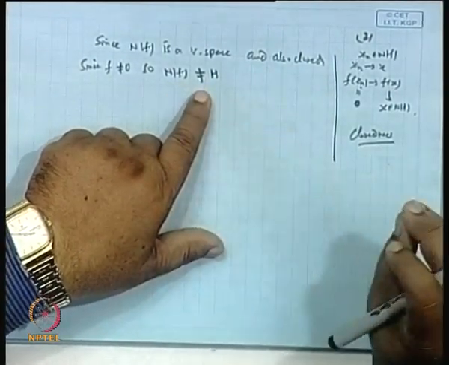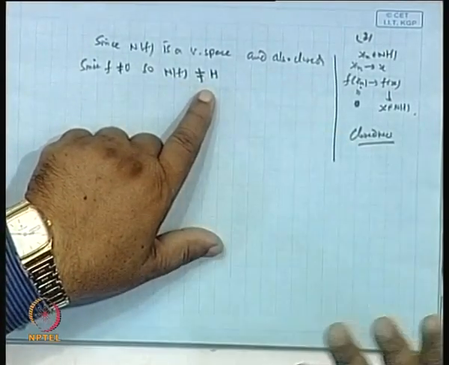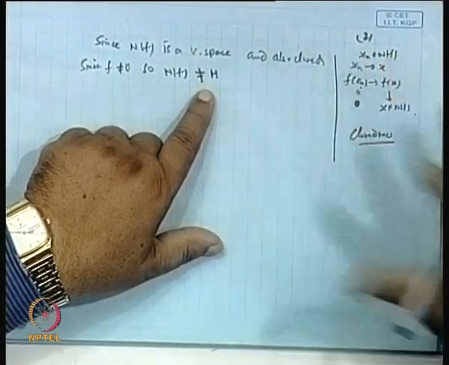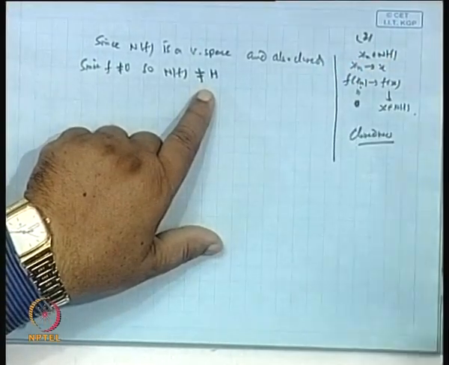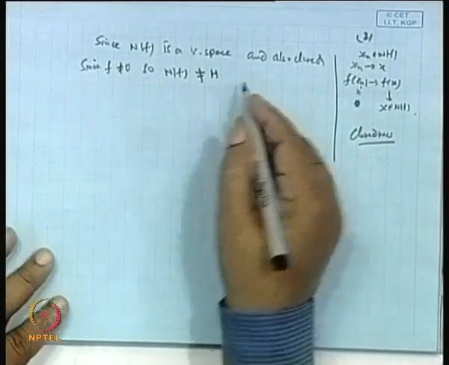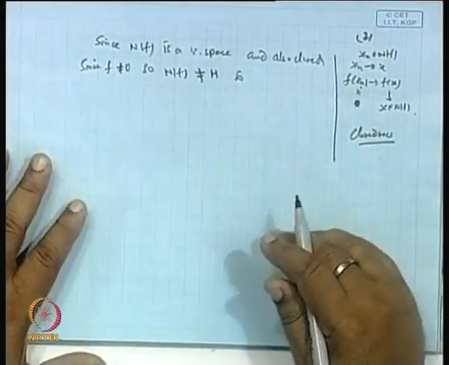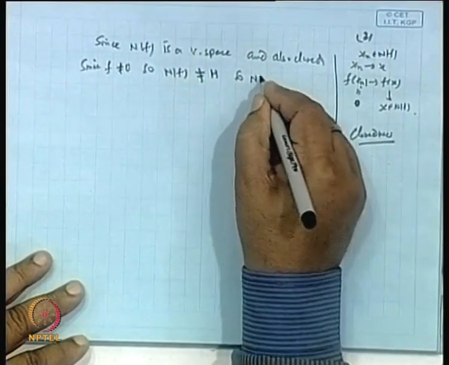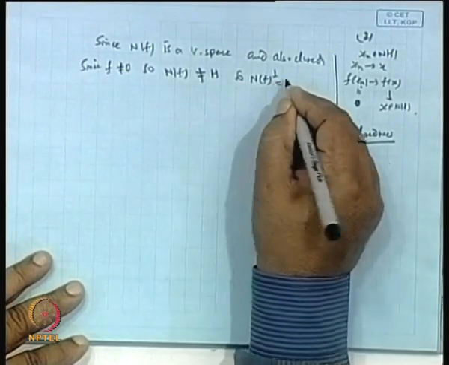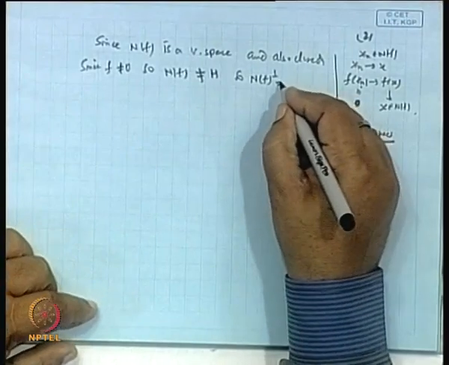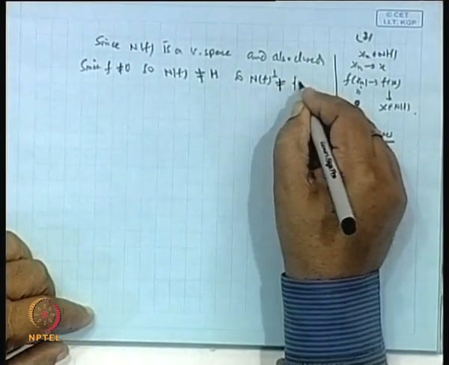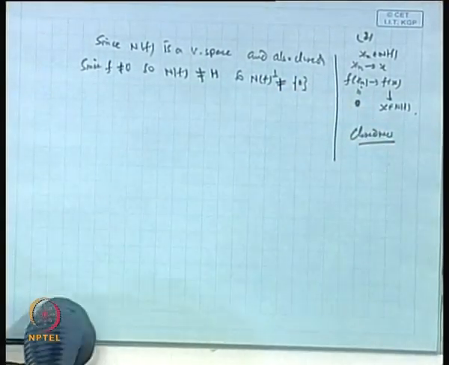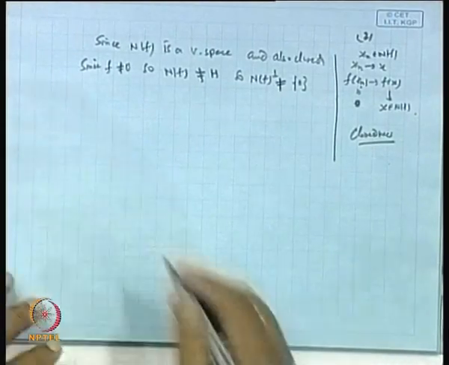Therefore, by the projection theorem, we can express the Hilbert space H as a direct sum by orthogonality. So, what we get is that the N_f orthogonal complement will be different from the singleton set 0. Why?